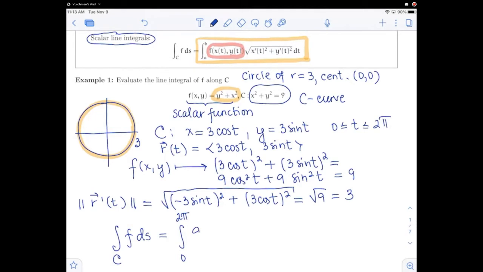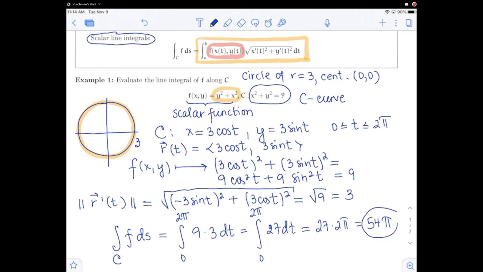That's 9. And times 3 dt. Oh, that's nice. That's really easy to integrate, right? This is just a constant function. Okay, so we integrate and get 27. Now we just got to multiply it by 2 pi. Okay, so 27 times 2 pi, that gives us 54 pi.